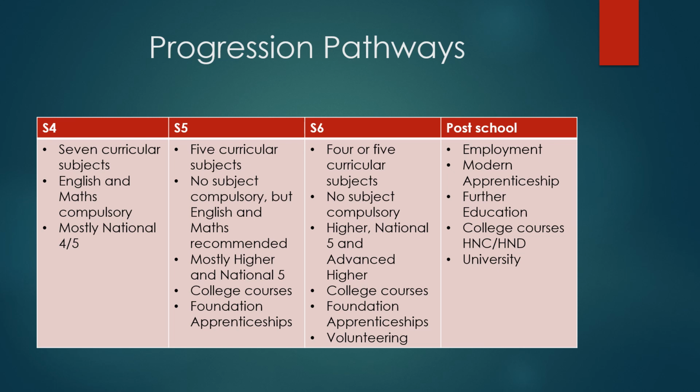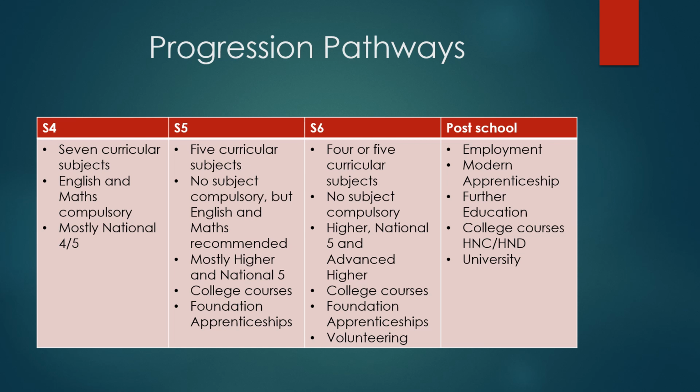Then moving forward into S5, you specialise further from 7 subjects down to 5. At this point, no subject is compulsory, but it should be noted that English and Maths are recommended, so that you don't leave school without your English and Maths to National 5 level at least.